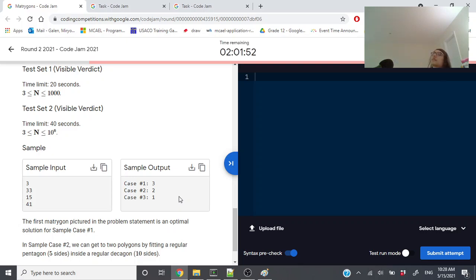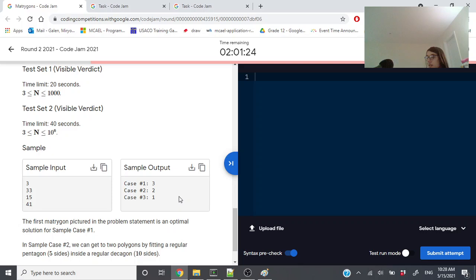Oh wait, so if for example it's a multiple of 3, then if the total number of sides like mod 3 is, how does that work?